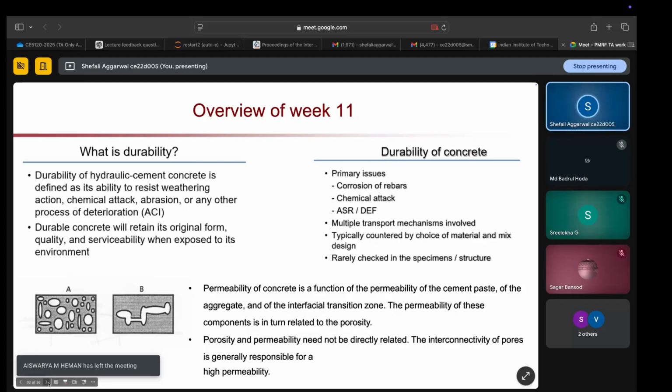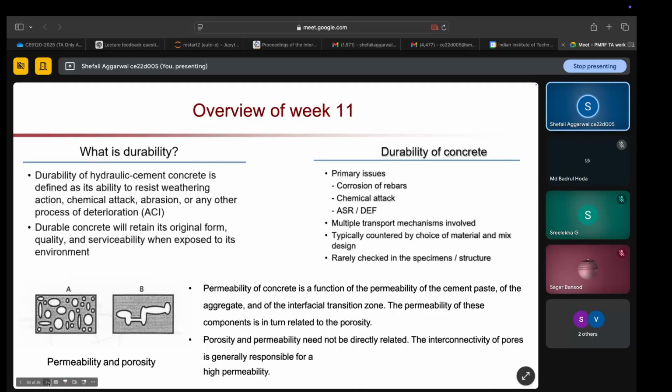When we are talking about concrete, durability is defined as the ability to resist weathering action, chemical attack, abrasion, or any other processes of deterioration. Mainly, in our concrete system we focus on mechanical strength.